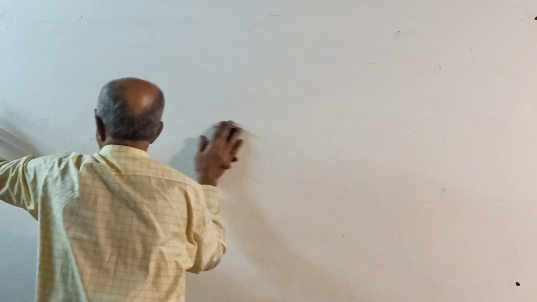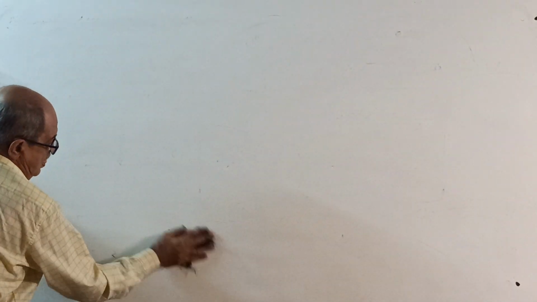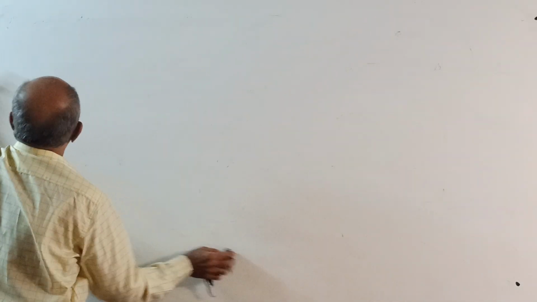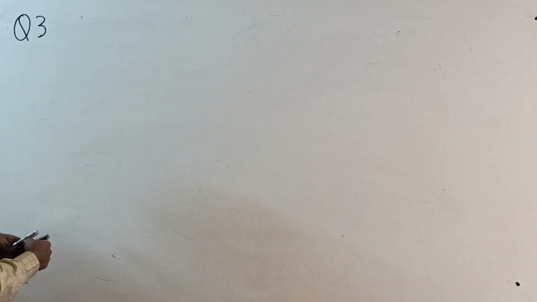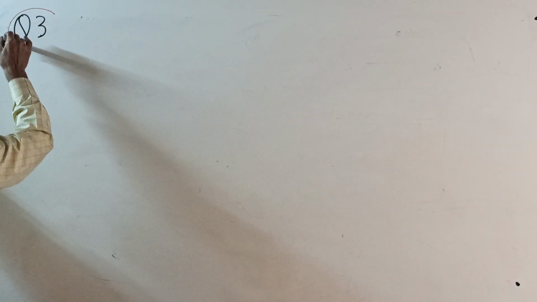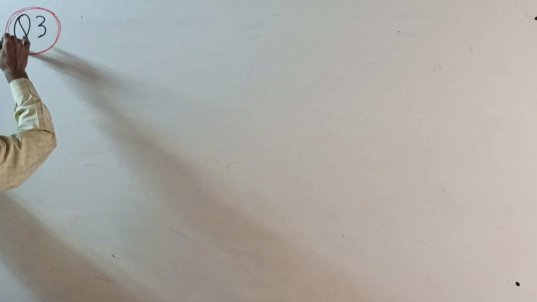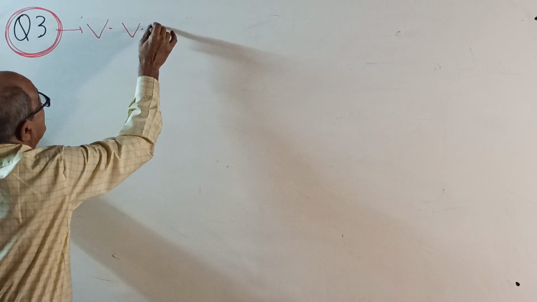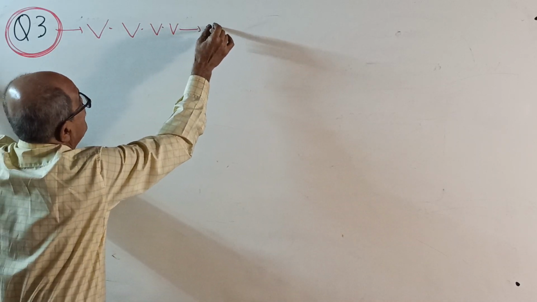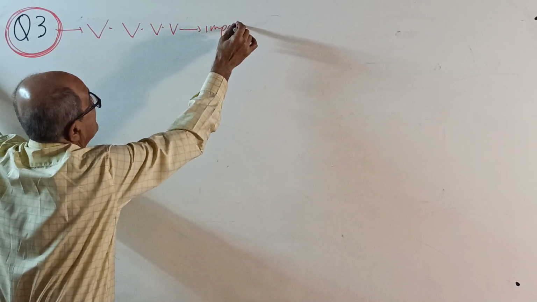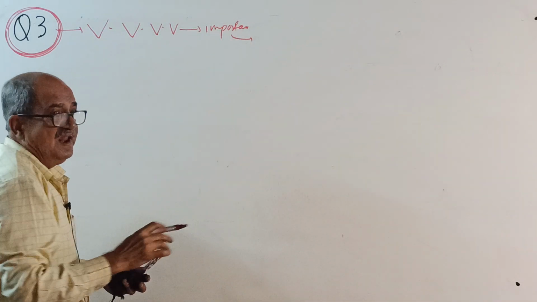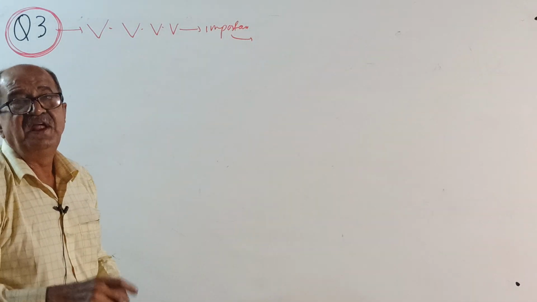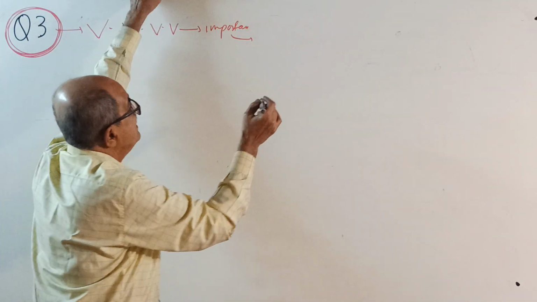For that question, round off, round off. This is very, very important. I will tell you why, a little later. I will first dictate the question. Okay, I'll write the question here.